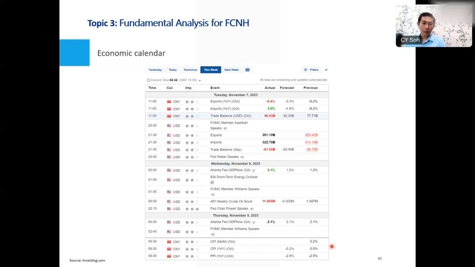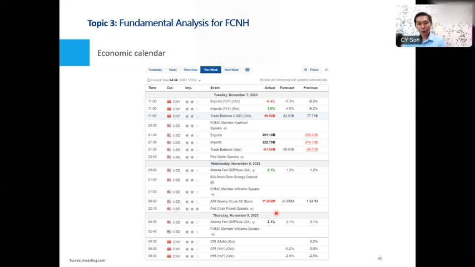Now, how do we know whether the news is bullish or bearish, good or bad for you? A quick thing for you to look at is the actual figure that is coming out. These days web developers have made our life a bit easier.